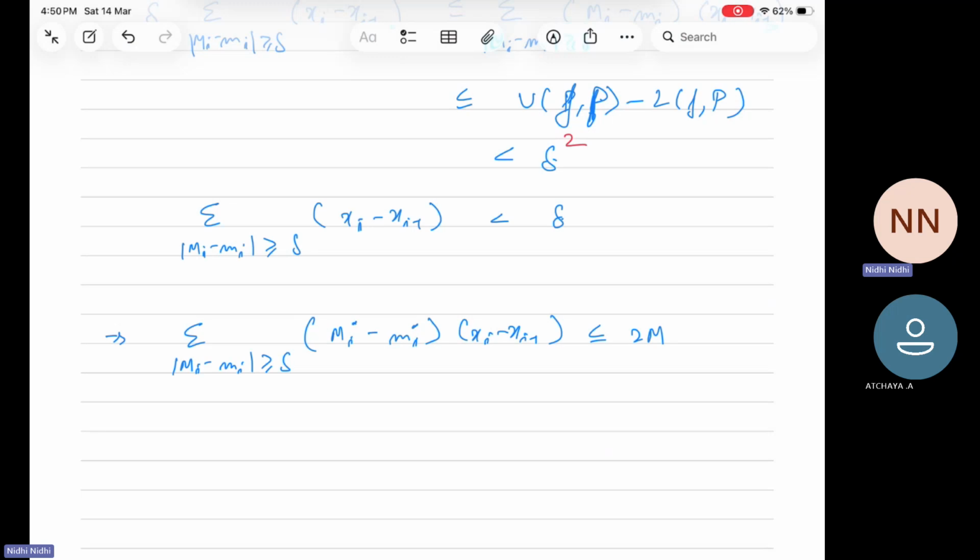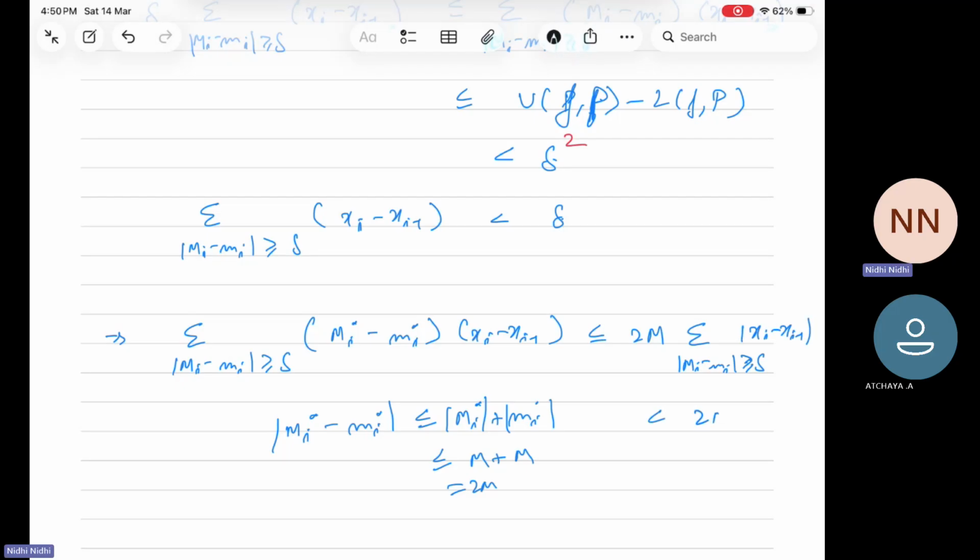Eventually this will be less than or equal to 2 times M. This is less than or equal to Mi star plus mi star, because everything is positive, and this is less than or equal to M plus M, 2M times the summation over Mi minus mi greater than or equal to delta of xi minus xi minus 1. This will be less than 2M delta.